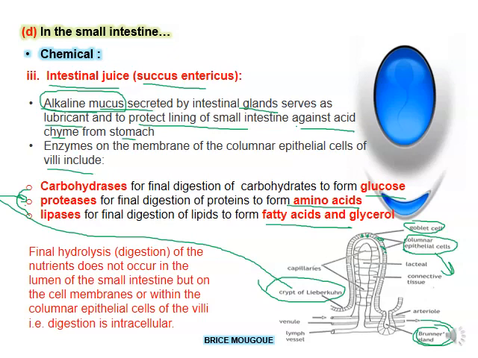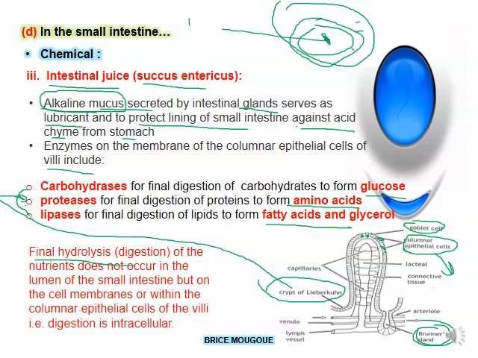The final breakdown, the final hydrolysis of nutrients, occurs inside the lumen, the inner part of the small intestine. It had those walls: the serosa, the wall of muscles, the submucosa, and the mucosa. Now, the inner part of the small intestine, the lumen, is where the final digestion was thought to occur actually.